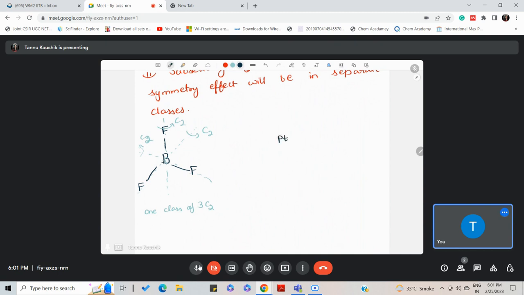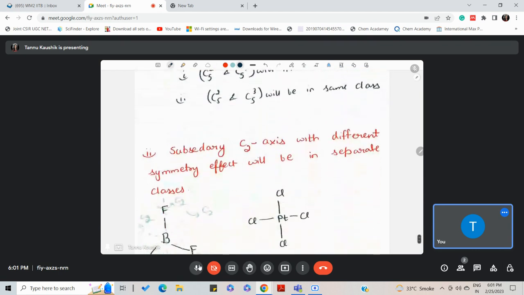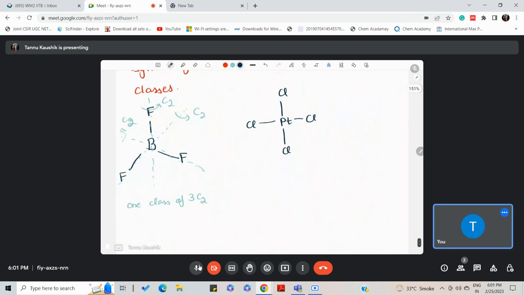But if we take an example of PtCl4, so here we have two different kinds of axis of rotation. One group of C2 axis of rotation is passing through this Cl, platinum and Cl atoms. So these two are similar, but there is one more C2 axis of rotation which is passing between the bonds.